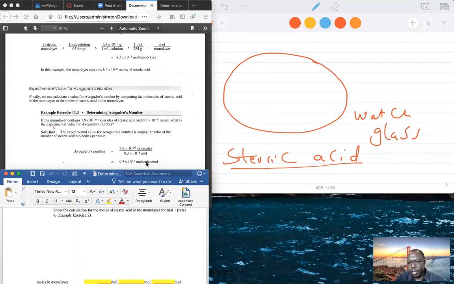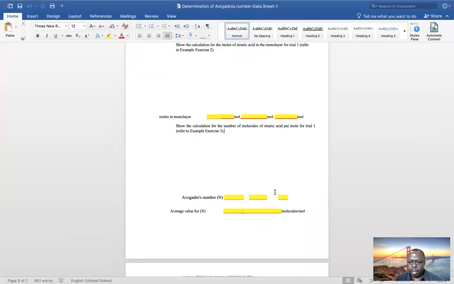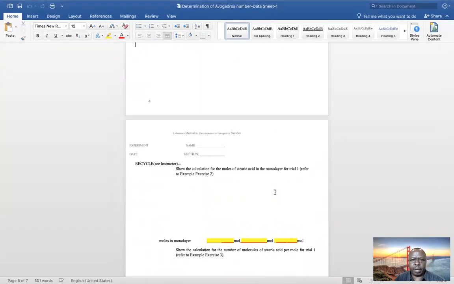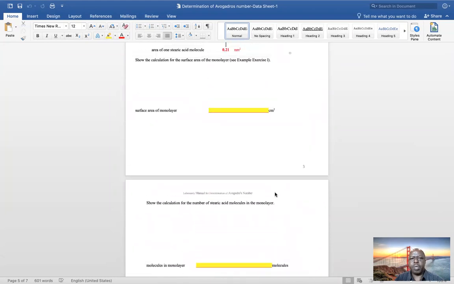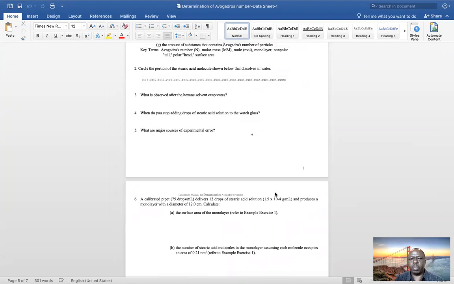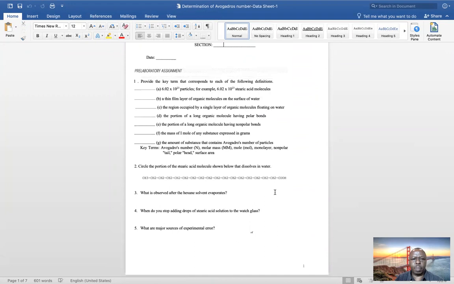So I believe if you have no question, let me just go back to the data sheet. On the data sheet, I want you to answer the pre-lab. There is a pre-lab, and you'll read the background so that you are in a position to answer the questions on the pre-lab.